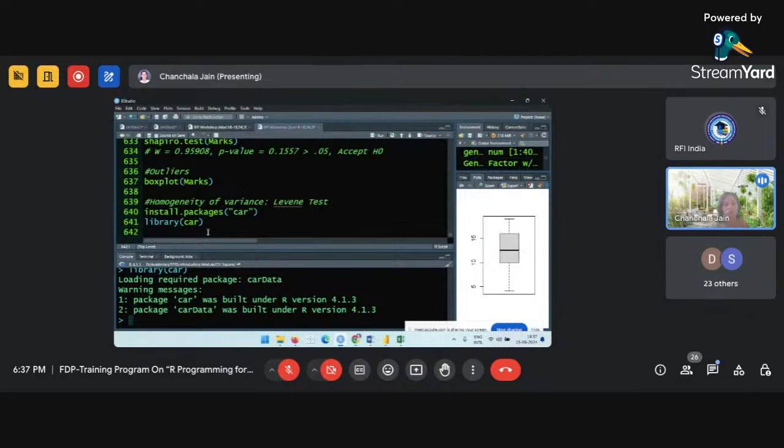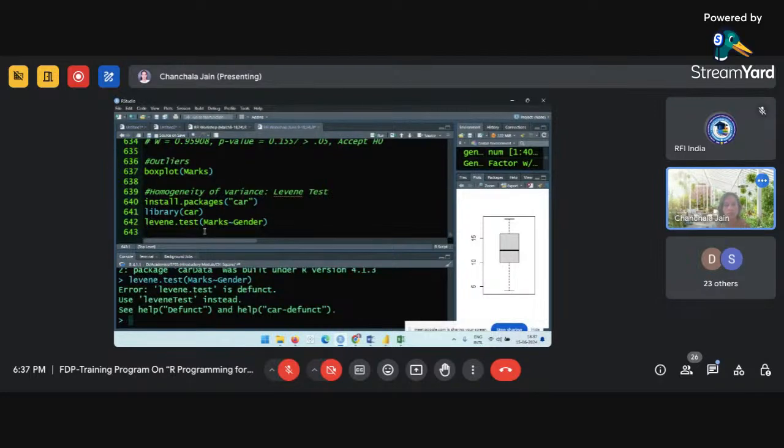Now you need to use the leveneTest function. Inside this, you will pass the marks and gender. I think you need to pass. There is no problem. Fine.